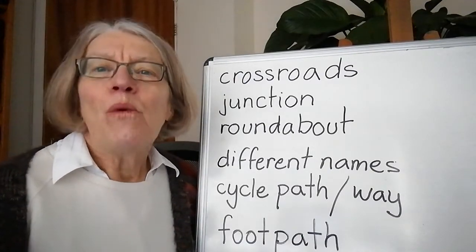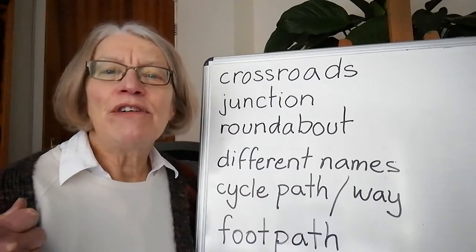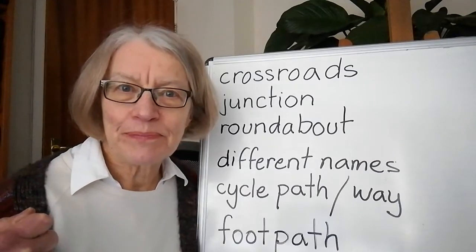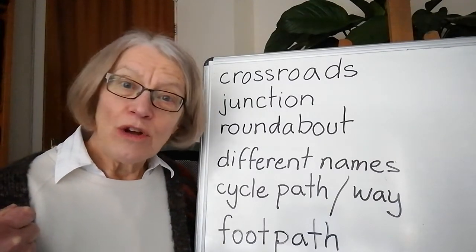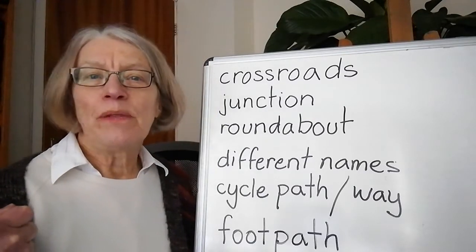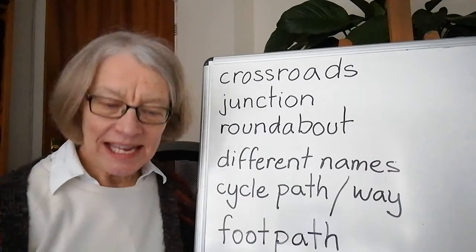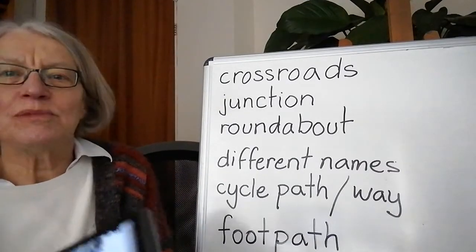You all know what a road is. It's where cars travel along to get from one place to another. And people can walk along the side of the road on the pavement. Now, I've taken a picture of some roads here and I'm going to show them to you.